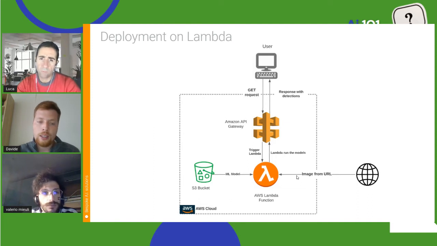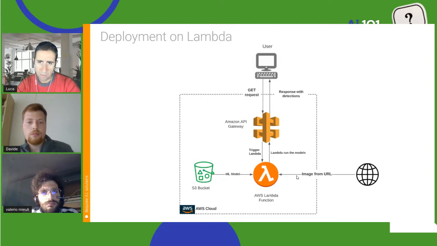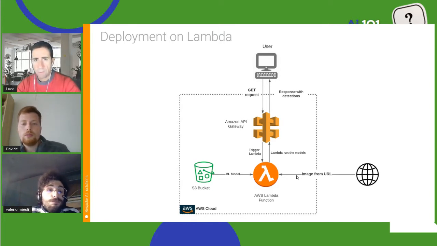And what about the implications on startup time if this image is very big? Well, I think the bigger the image, the longer the time for the Lambda to download it. But in practical terms, Davide, did you experience any problems with this?